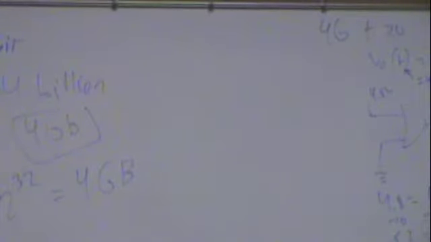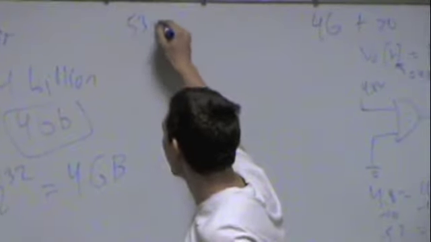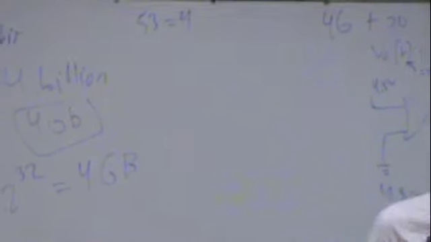If we had a multiplexer of 8, it'd be 2 to the 8, right? Yes. I didn't even need to write anything down. 53 equals 4.